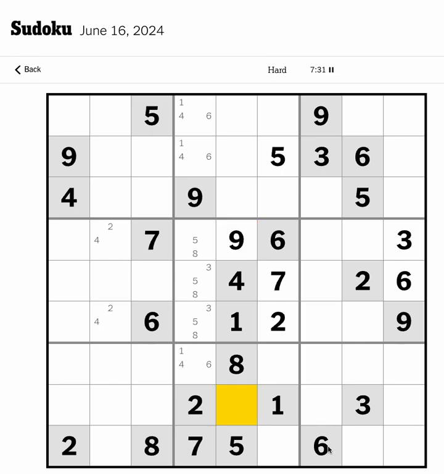So now this cell is 1, 2, 3, 4, 5. Could be 6, 7, 8, 9. Right, so 6 is the only number I can place in here. And so this is 6.